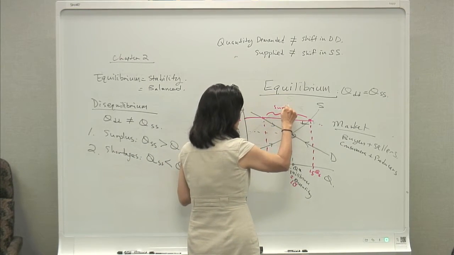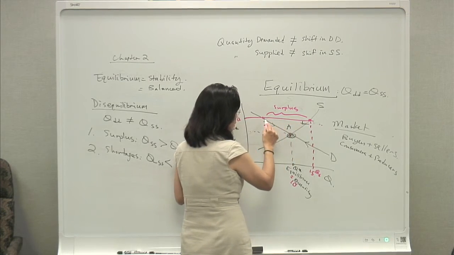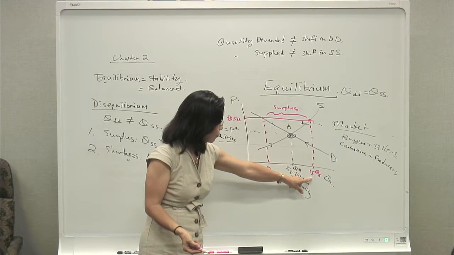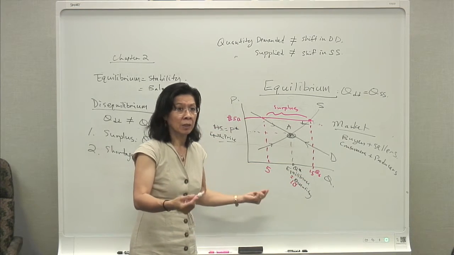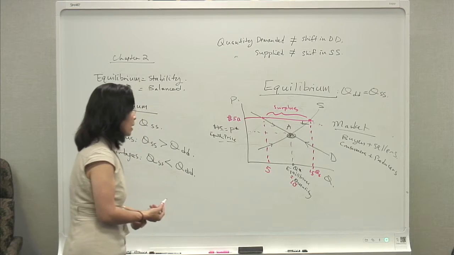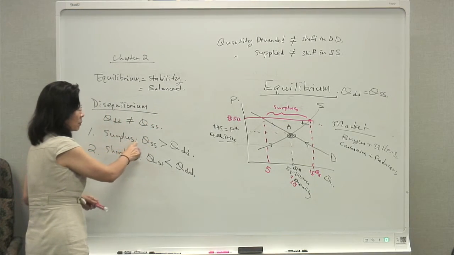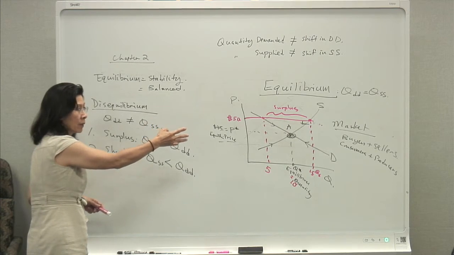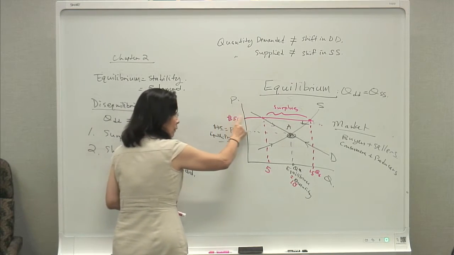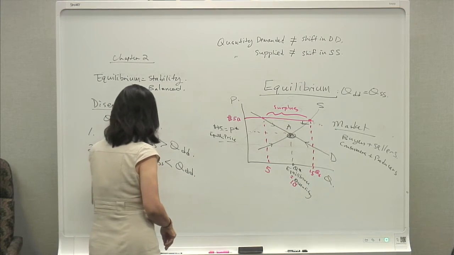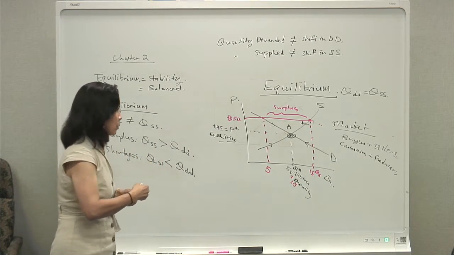So the distance between the 2 points here is your surplus. In this case, it's 15 minus 5, which is 10. So you have 10 units of surplus textbooks out there. So that's how you present your surplus, because your quantity supplied is greater than quantity demanded at $50 when you draw a line across.